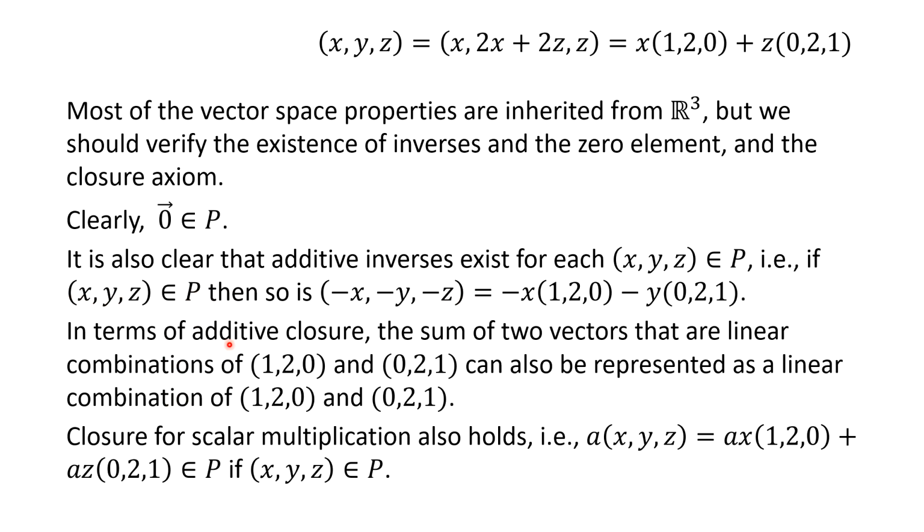Then we'll look at the two closure properties. The sum of two vectors that are each a linear combination of these two vectors can also be represented as a linear combination.